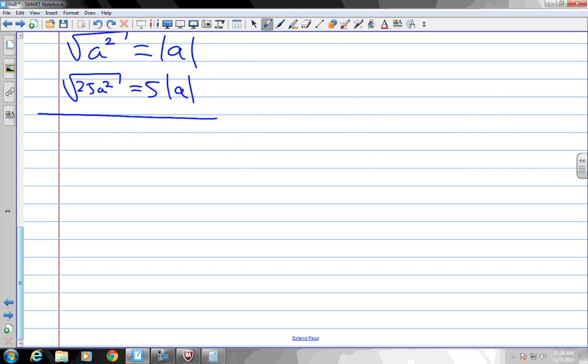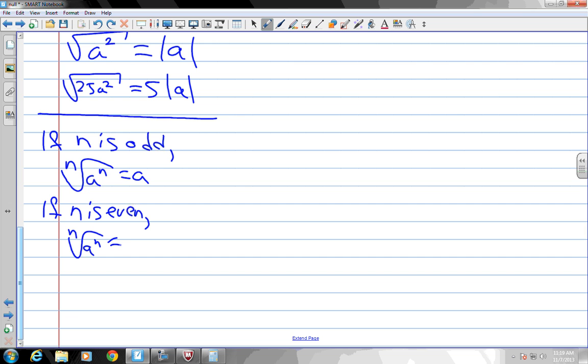So here are the 2 major rules. If n is odd, then the nth root of a to the power n just equals a. We don't have to worry about that, because odd powers can end up with negative answers. Nothing bad happens. But if n is even, then the nth root of a to the n is the absolute value of a.